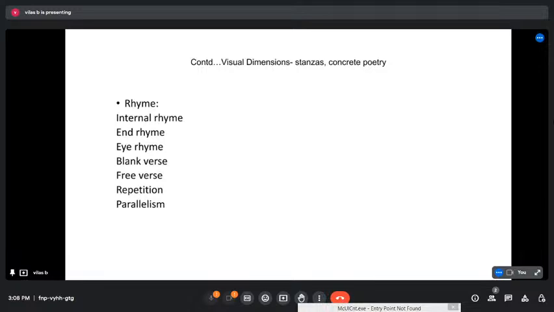Then comes parallelism, where a similar kind of expression is repeated. We find parallelism in several poems, and it contributes to the music. There is a poem by Walt Whitman about the spider.